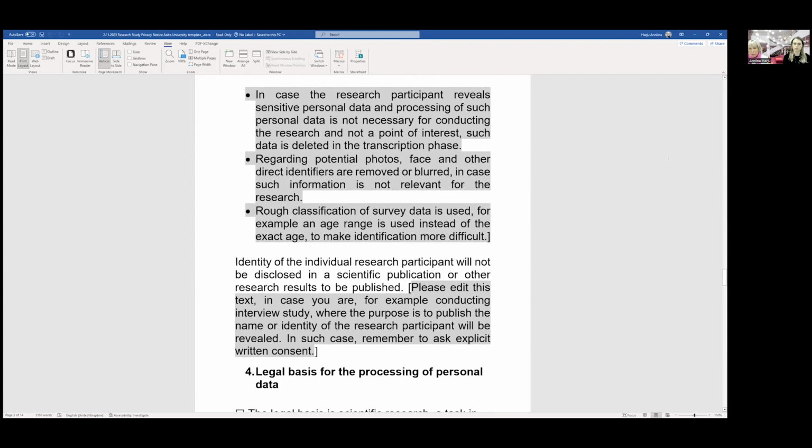And yes, then there is, of course, the rough classification of survey data. For example, age range is usually sufficient, so you don't need to ask if somebody is 58 years old, if it's enough to say that their age is between 55 and 60.